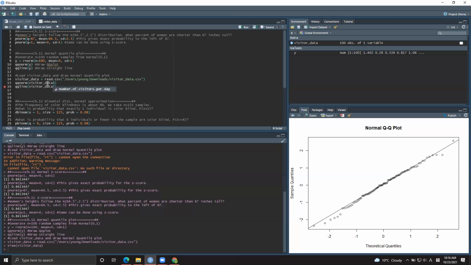And we only have one column, one variable inside. So I'm going to use that variable. If you press enter, it's going to autocomplete for you. Same thing at the bottom. In QQ line, you use visitor data and do $, it's going to ask you what variable you want to use. You want to use number of visitors per day. So press enter. Let's go ahead and draw them.